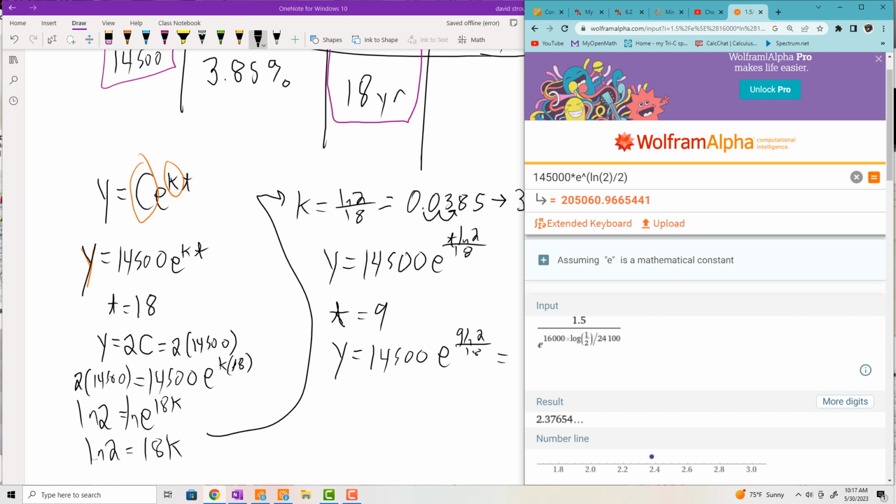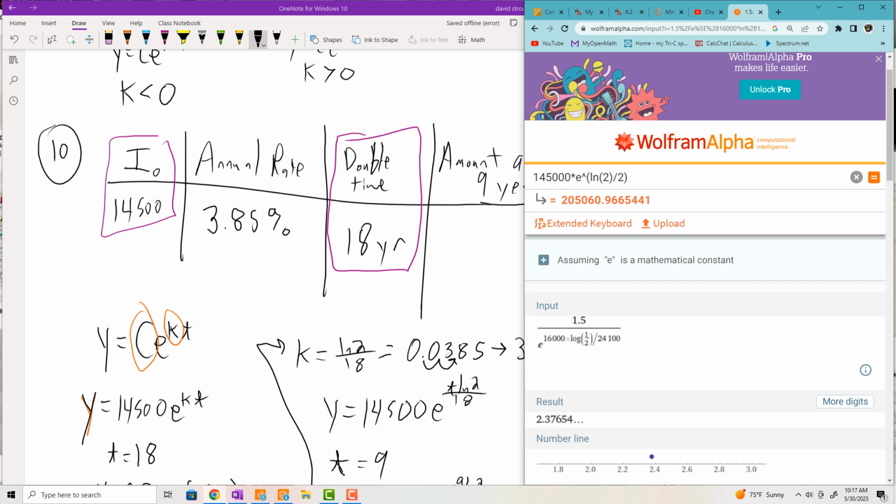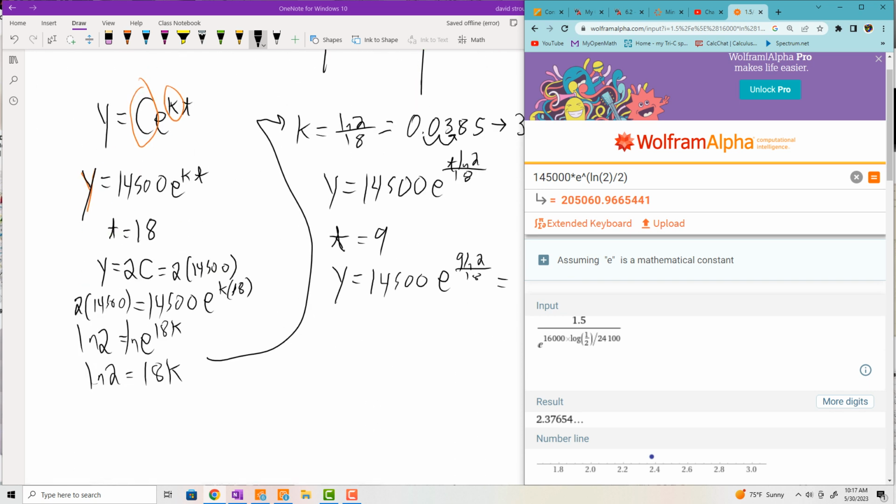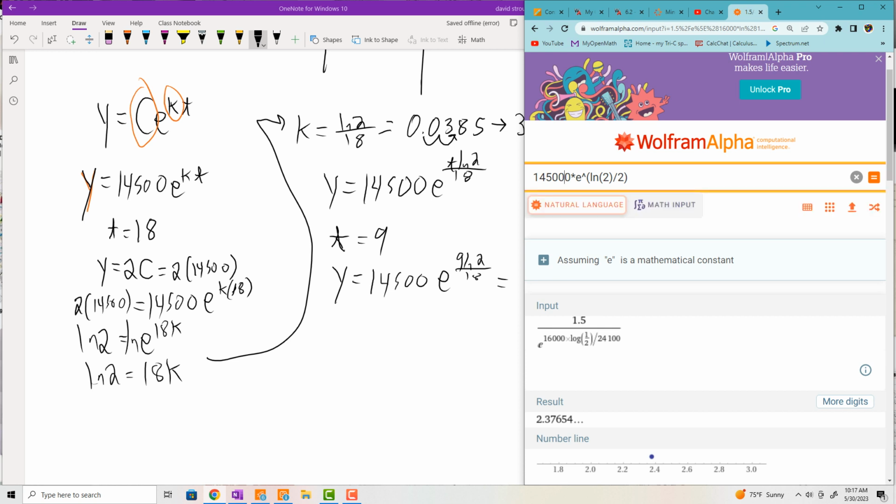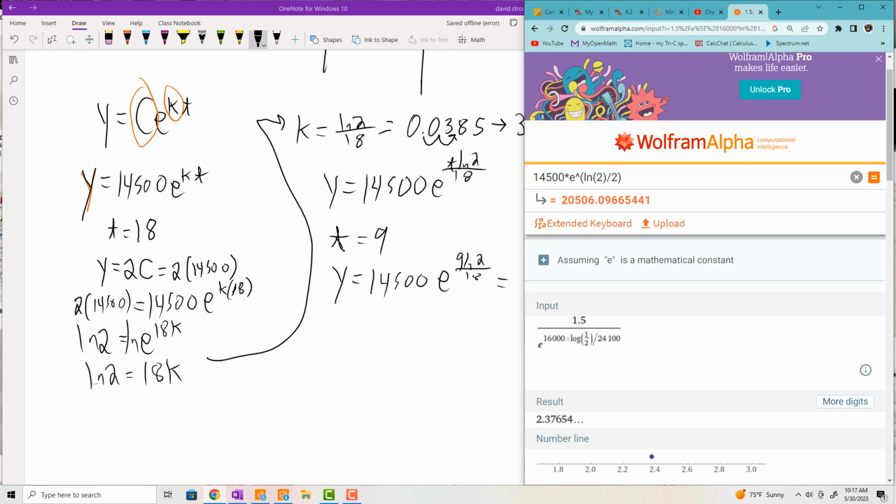Let's think about this. The doubling amount is 18 years. E to the ln 2. So there's no way. That's right. Oh, no wonder. Right, so that seems more reasonable.